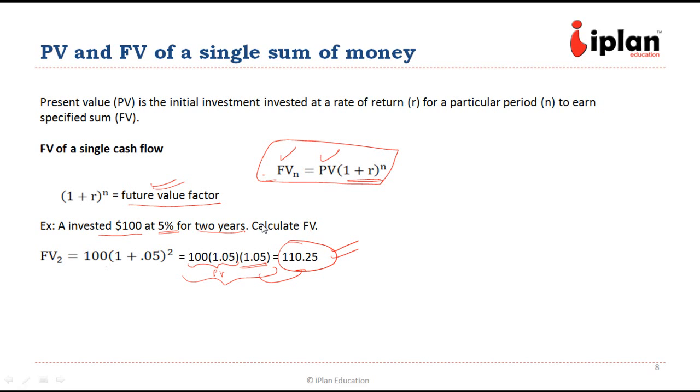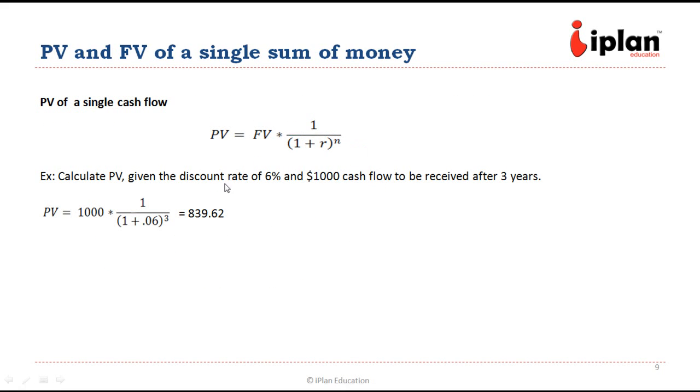Similarly, if we want to calculate the present value of a single cash flow, as we said, we just divide it by the same factor, which is the future value factor. Take this example. If the discount rate is 6% and the future value is $1,000, which is to be received after 3 years, we need to calculate the present value of this cash flow.